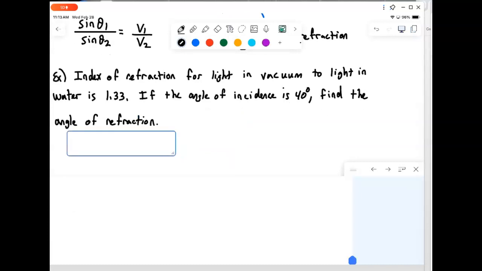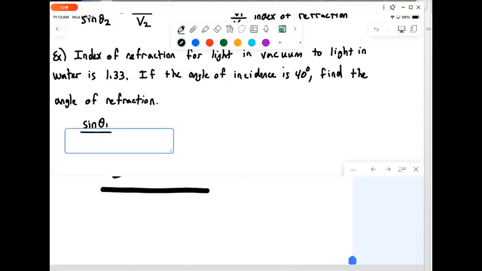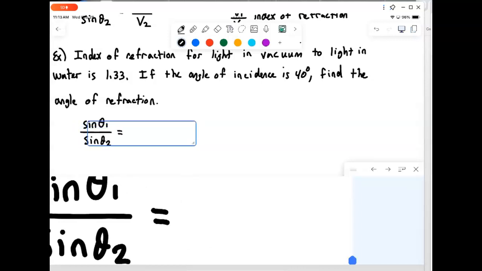Okay, so let's tackle this problem here. We would begin with this relationship: sine theta 1 over sine theta 2 is equal to our index of refraction, right? That's what we just saw up above.